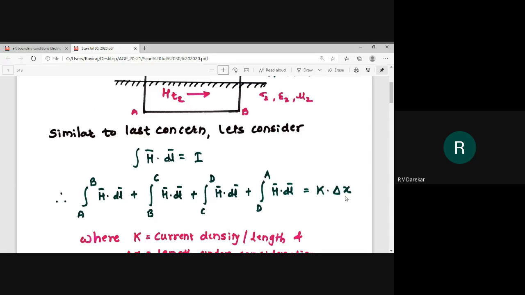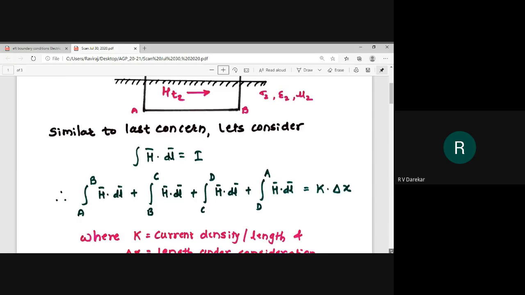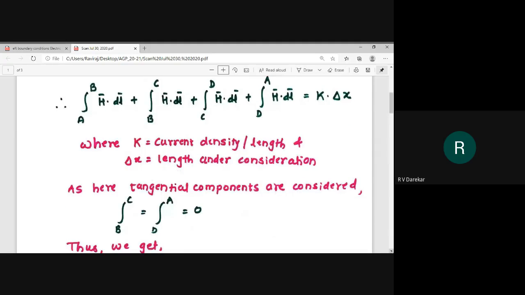Here k is the current density per unit length, and delta x is the length under consideration from A to B, as the horizontal axis is the x axis. We can write the equation further like this.